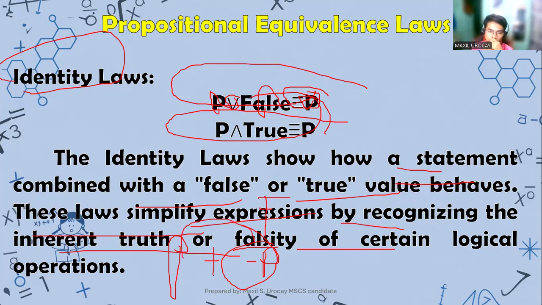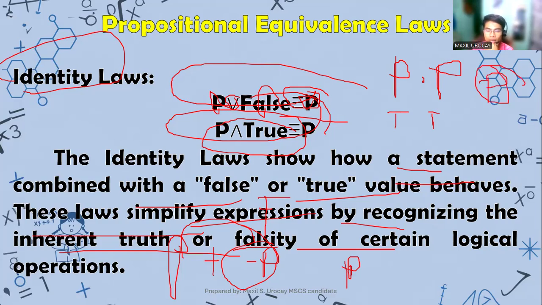So P plus false, or not P, of course, P plus not P, that is actually still P. So identical to itself. Now, for P and true, say for example, P and not true, times itself. True, this is true, and this is true. That is still true, or that is still P.